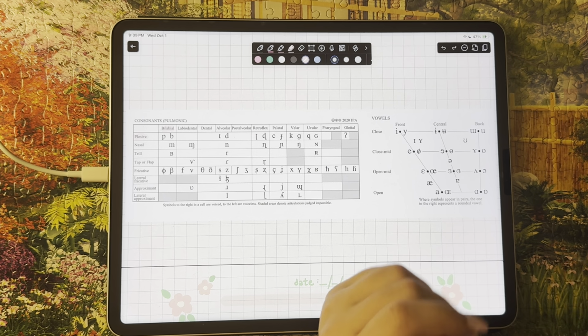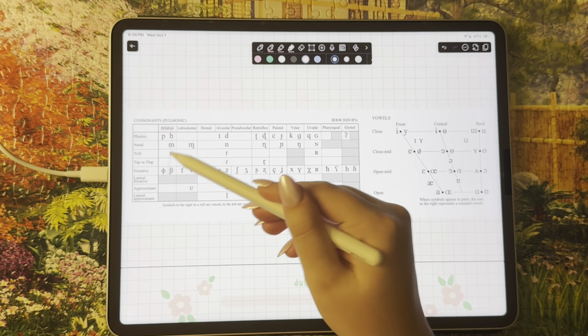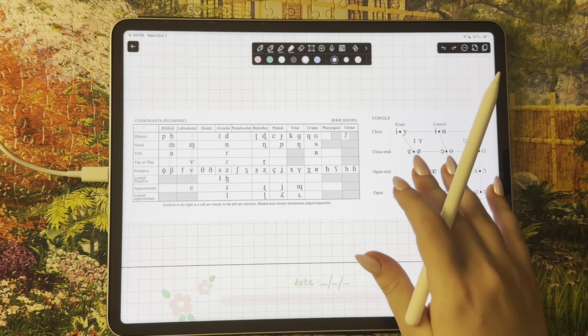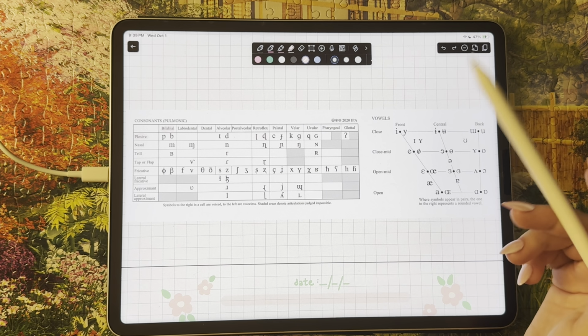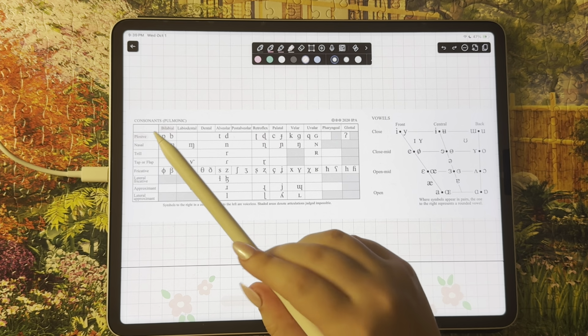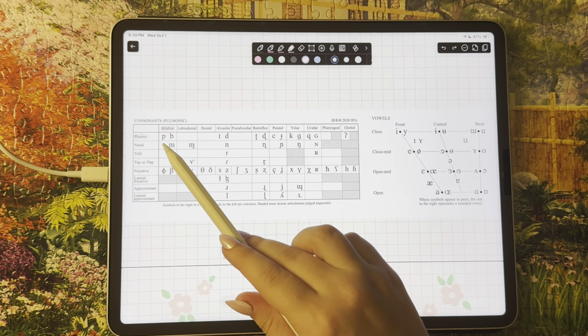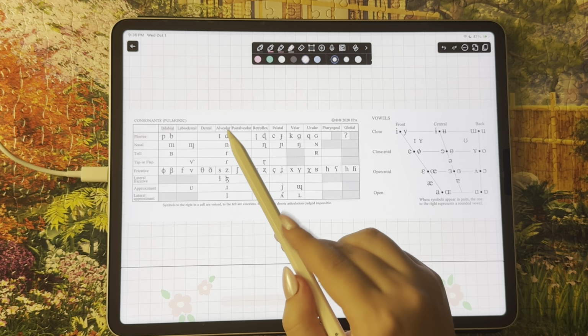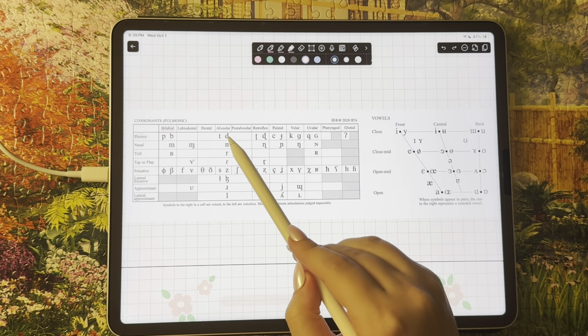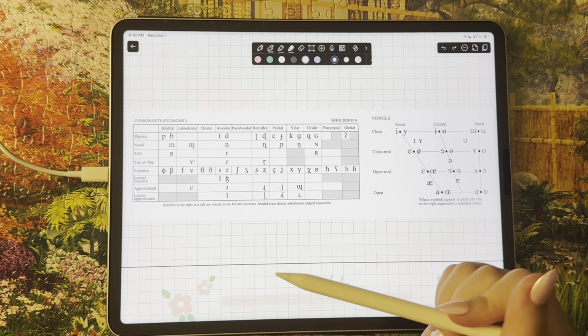And the ones on the right do require using your vocal folds. So that being said, we have P, B, T, D, and T and D are alveolar plosives.